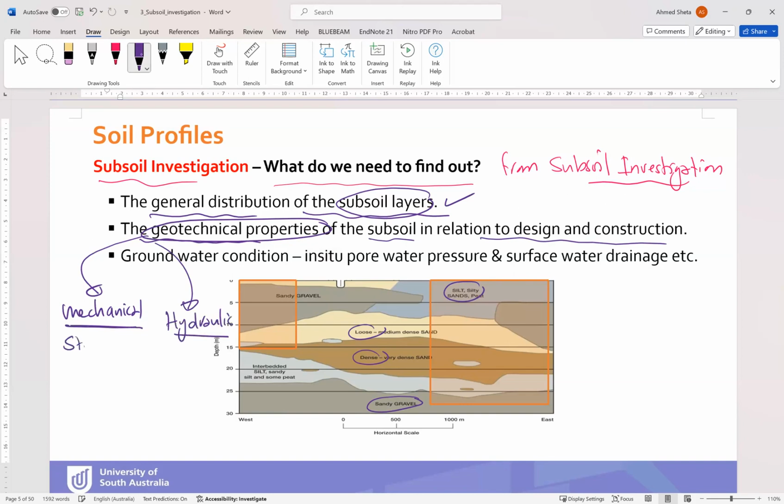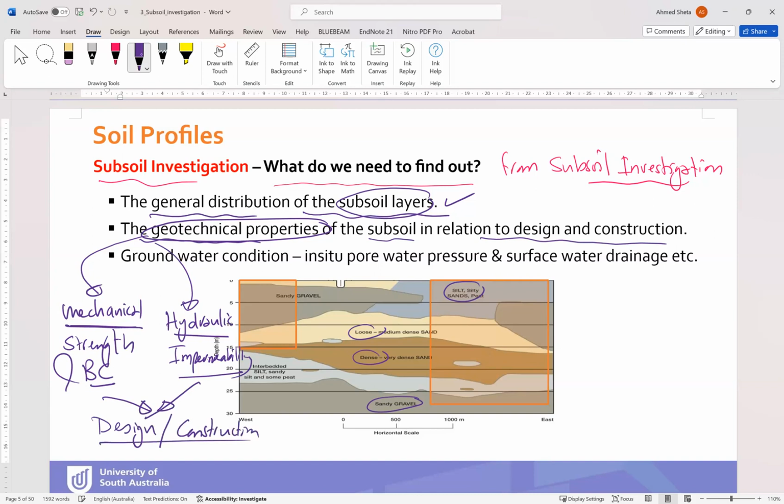Mechanical, the most important is the strength and bearing capacity. Hydraulic, such as impermeability of the soil. These two types of properties will help us in the design and construction process.